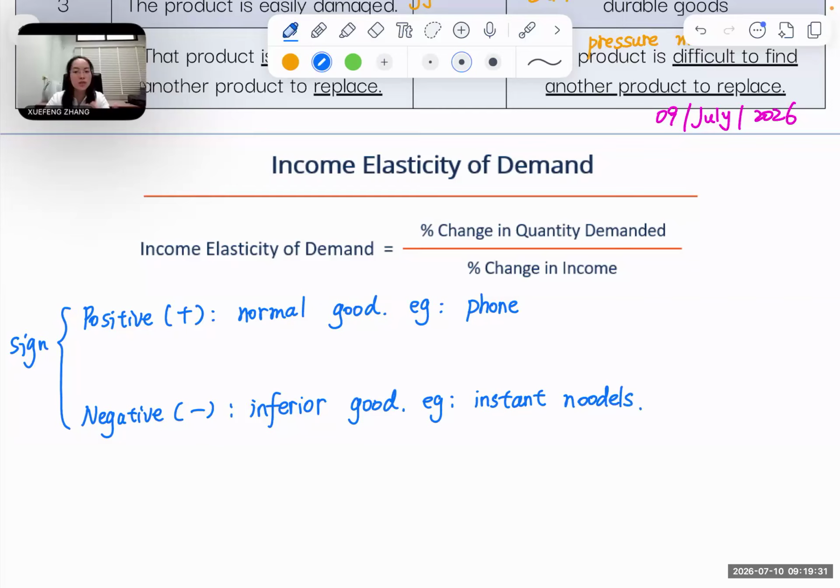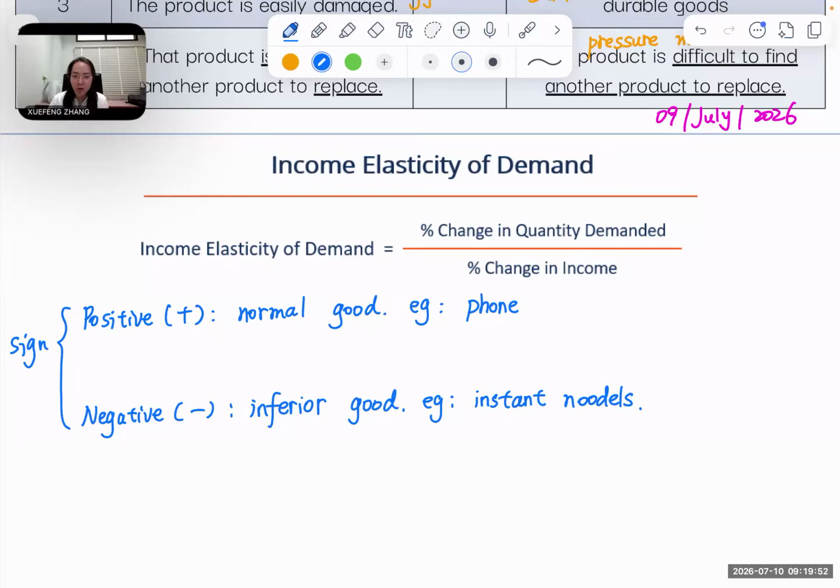Okay, so do you eat instant noodle often? How about when you have more income, will you continue to eat instant noodle? Okay, here is the question for you. So still, what type of good depends on who you ask, okay?